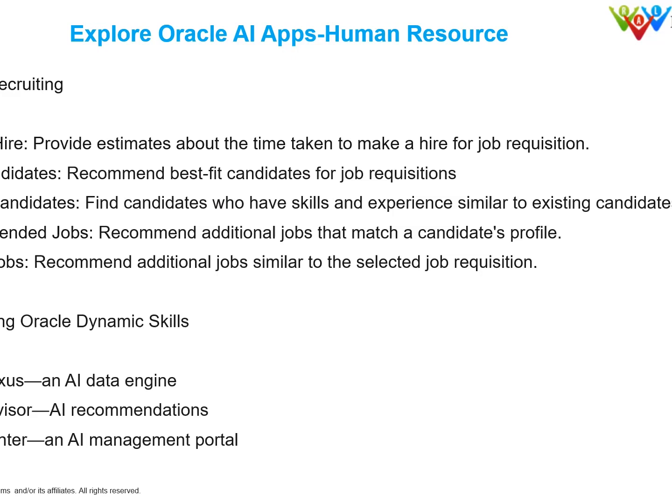Based on your skills, it will recommend 10 jobs for you. And then what are the similar kinds of jobs for a particular job profile or something like that. So those kinds of predictions, recommendations, insights you can get in the HCM application of Oracle Adaptive AI.